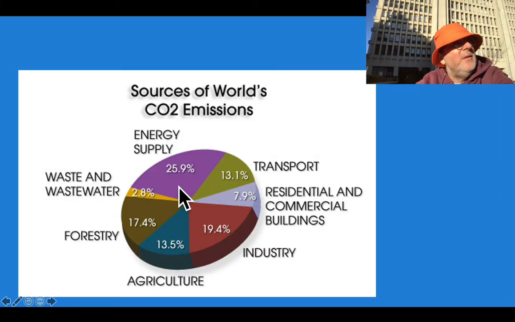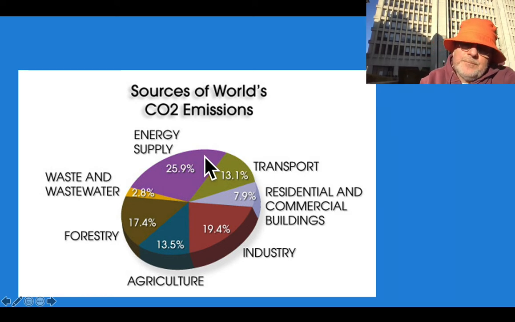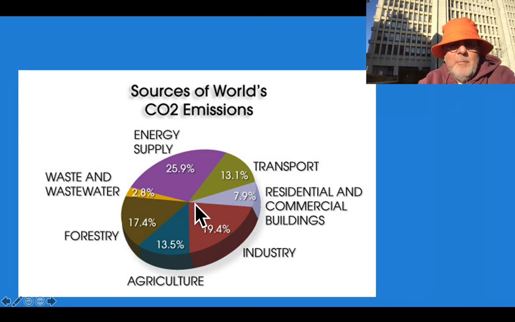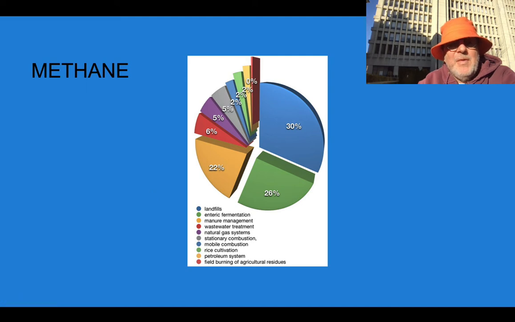And these are the ways in which it's produced: energy, transportation, heating buildings, cooling buildings, making stuff, growing stuff, cutting down trees and the loss of trees, and waste. Human waste releases greenhouse gases. Methane from landfills.